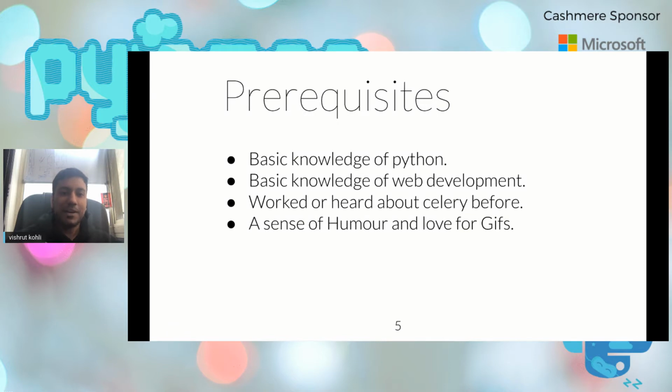I have tried to make this talk as descriptive as possible, but still, there are some prerequisites: some basic knowledge of Python, some basic knowledge of web development, having worked with or even heard about Celery before, and the most important one is a sense of humor and a love for chips.